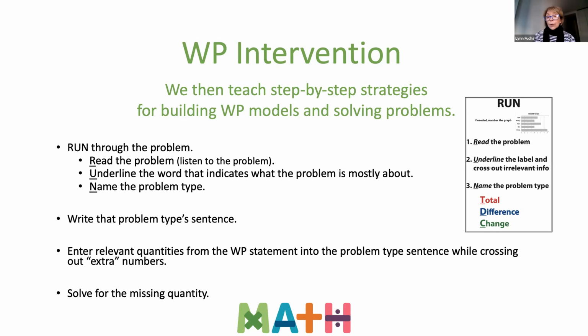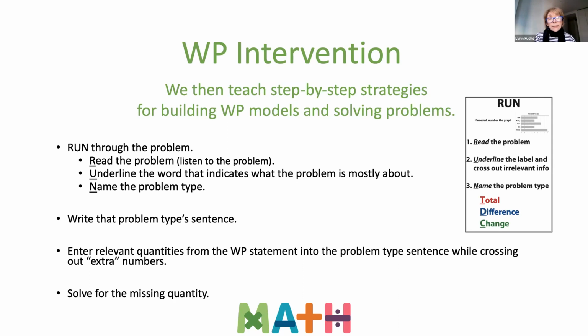They underline the word that indicates what the problem is mostly about while they're crossing out irrelevant information, and they name the problem type. Then they write that problem type's sentence. They enter relevant quantities from the problem statement into that sentence structure, and they cross out any extra numbers that are in the problem, and then they solve the missing quantity.